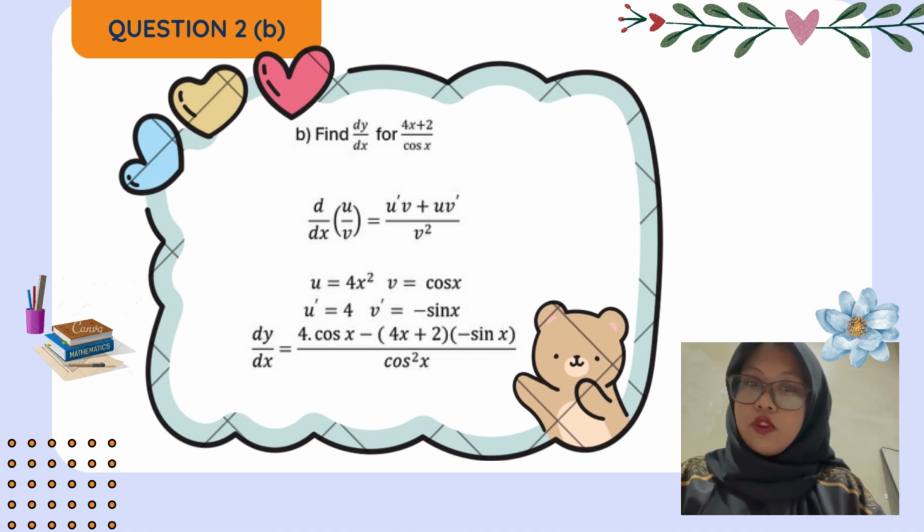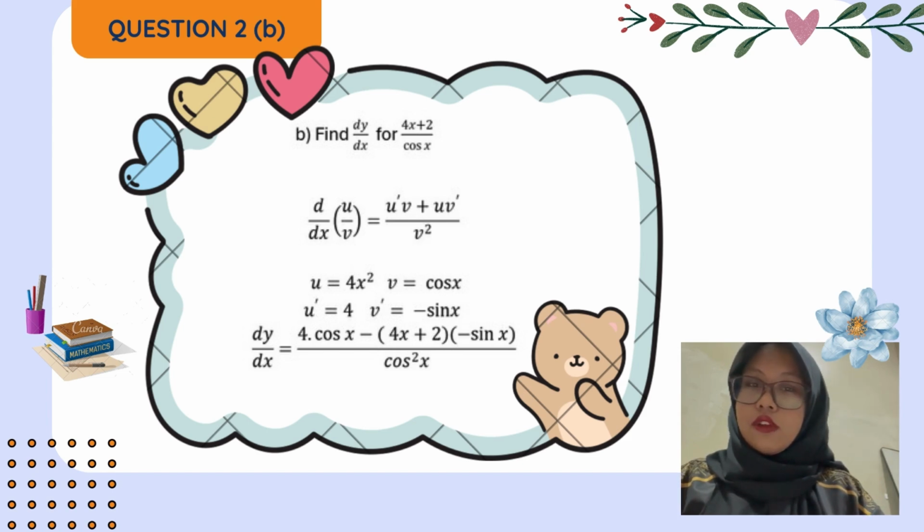Using the quotient rule formula, which is u prime v minus uv prime over v squared, we substitute the values into the equation. dy/dx equals 4 times cos x minus (4x plus 2)(negative sin x) over cos squared x. Because of the two negative signs in the second term of the numerator, it simplifies to a positive expression.